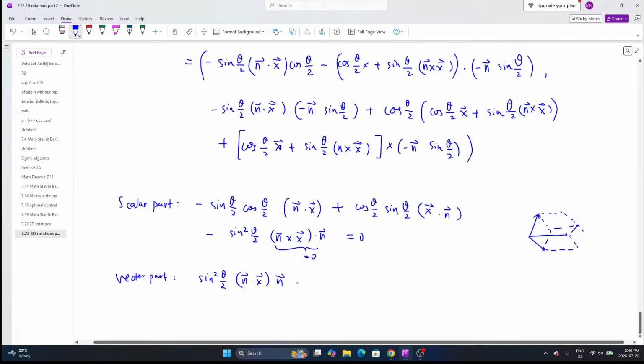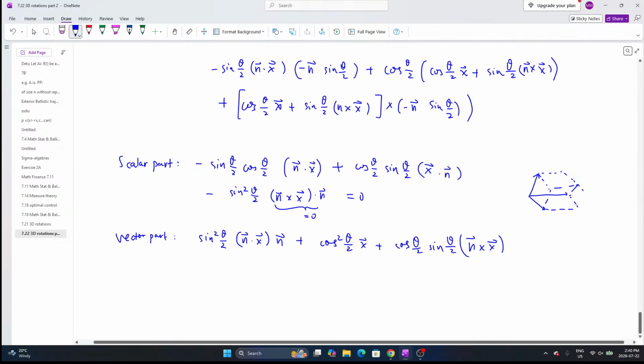So there's this part, and then plus you got the cosine squared theta over 2 times x, and then plus cosine half theta sine half theta. At a certain point we'll use the double angle formula probably, and then n cross x. Okay, just a straightforward expansion.